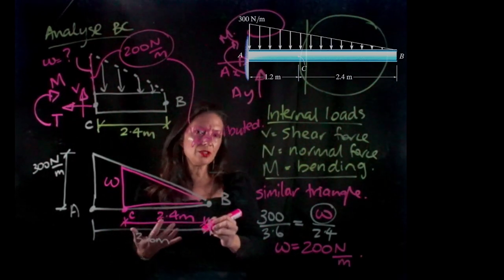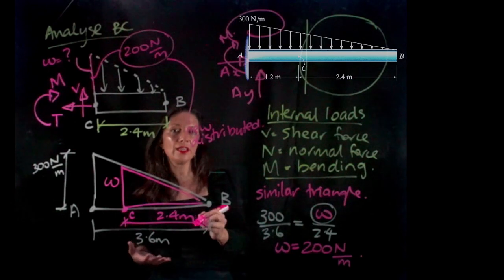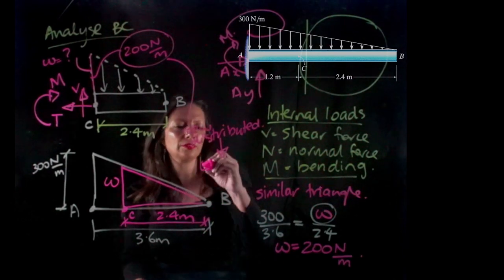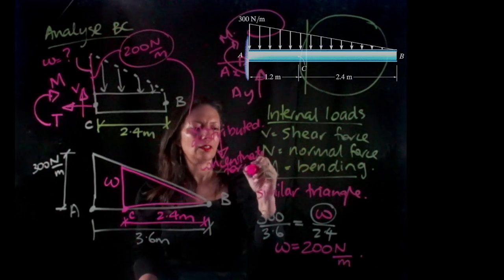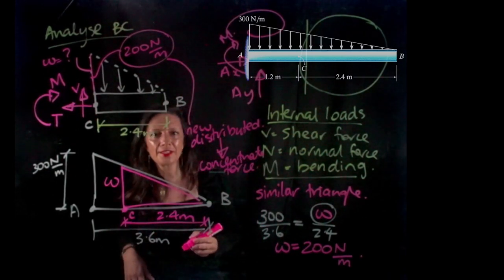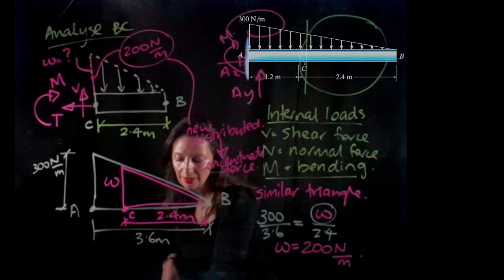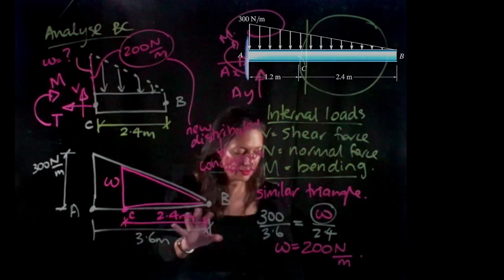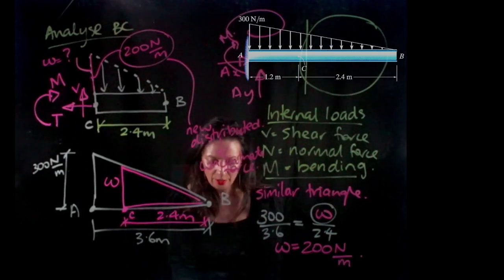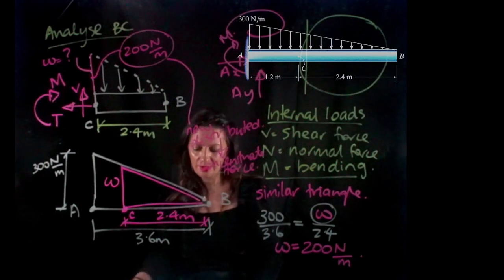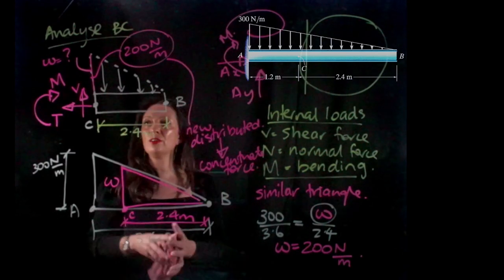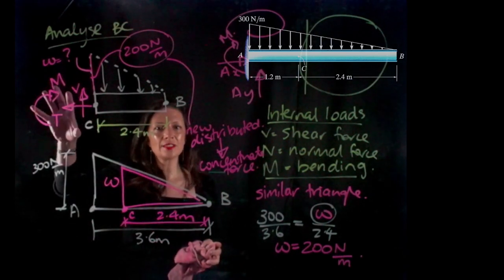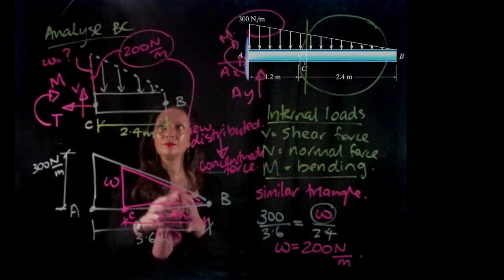And what do I need to do to a distributed load? I need to convert it to a concentrated force. And we've done that 1,000 times, guys. So let me just clean this up, and we will take a look at solving the internal forces in this system.